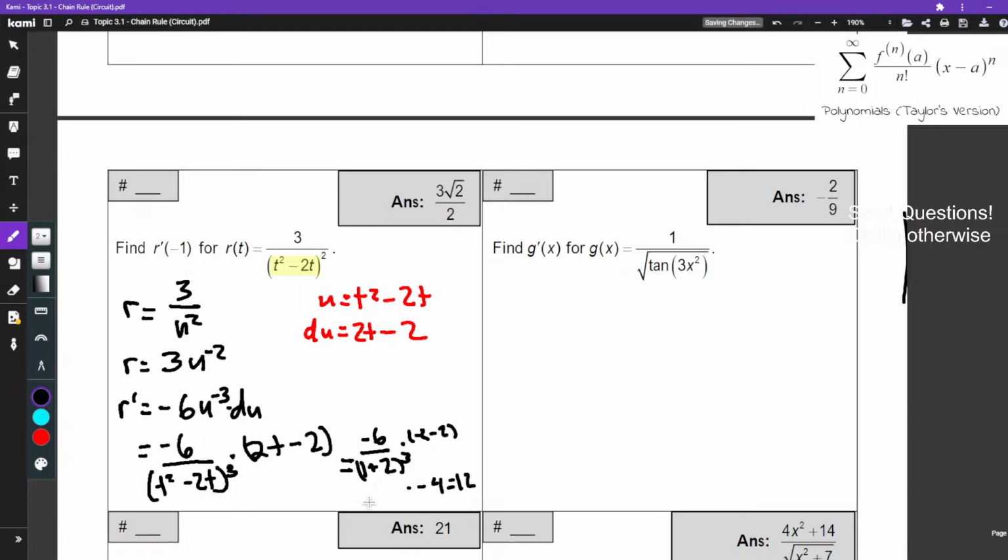So 27 divided by 6 is 2 over 9. Negative 2 over 9. So this is going to be 8 over 9. There you go.